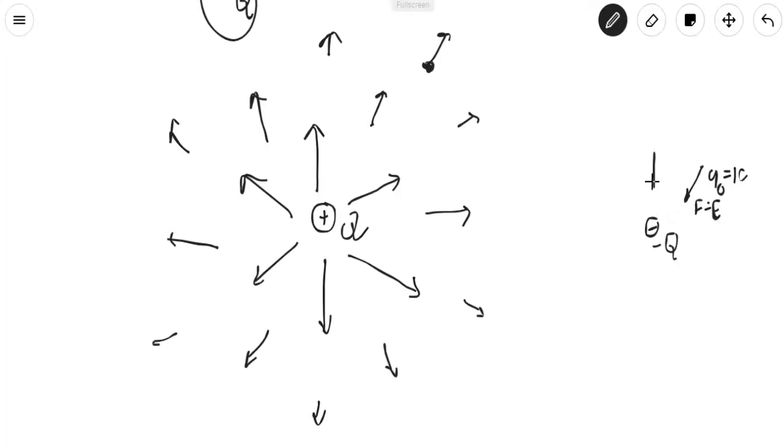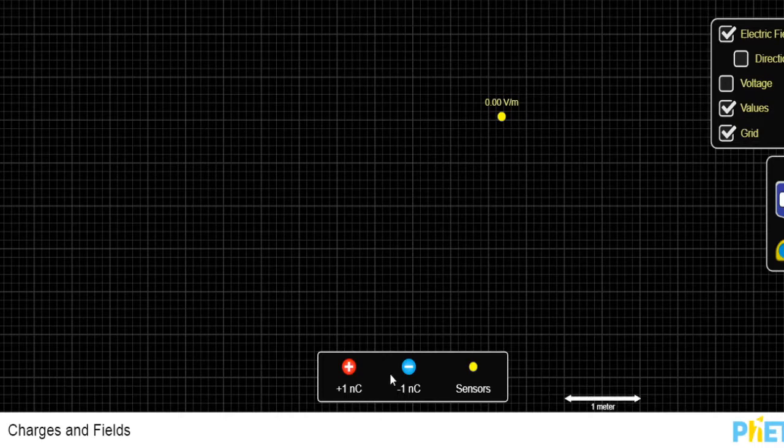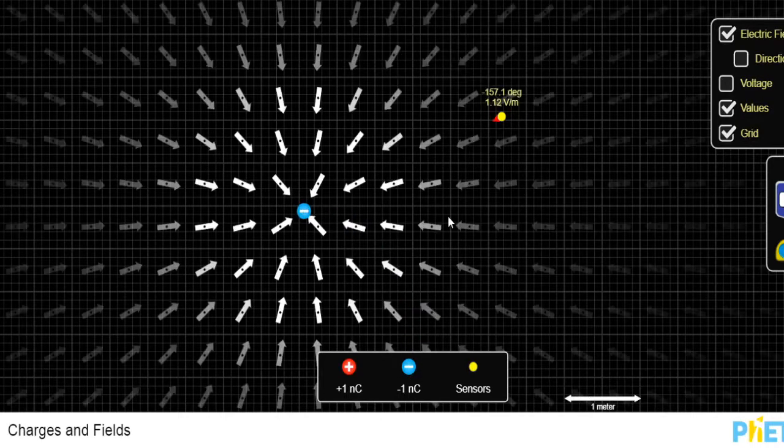So the arrows will be in the inward direction, because the electric field will be inward, just like the gravitational field, because of the attraction. Because at any point if we assume a test charge, then the force will be towards the charge. That's why the arrows will be inward. Same here, suppose we have a negative charge, then the arrows will go towards the charge, just like this.